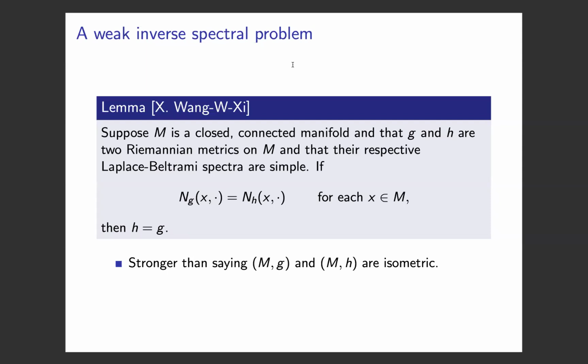Then, if the local counting functions coincide at each point on the manifold, then the metrics are equal. I want to emphasize that I'm not saying that the metrics are in the same isometry class. They're actually equal as tensors. So that's strong, even though the assumptions are strong. The conclusion is also strong, and that's going to be really helpful.